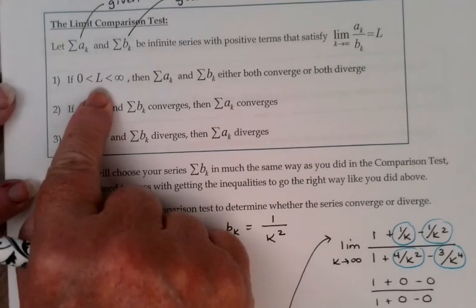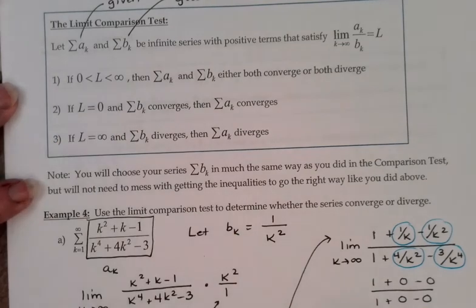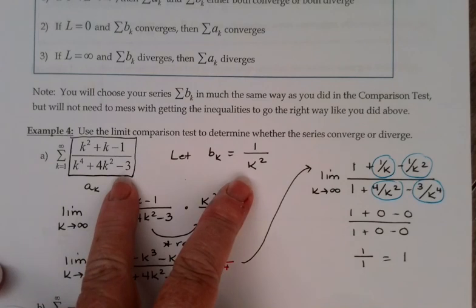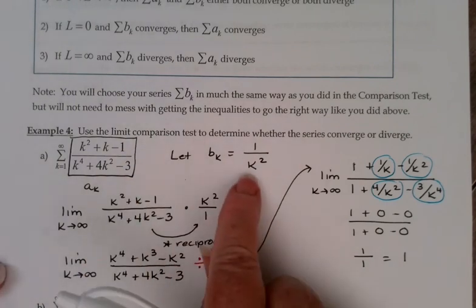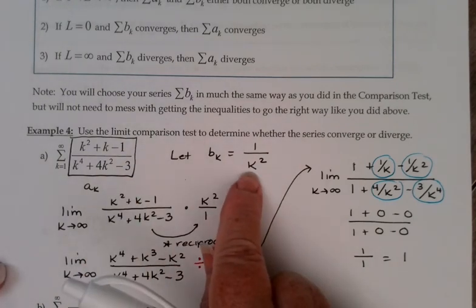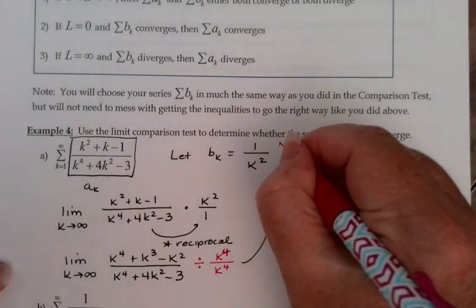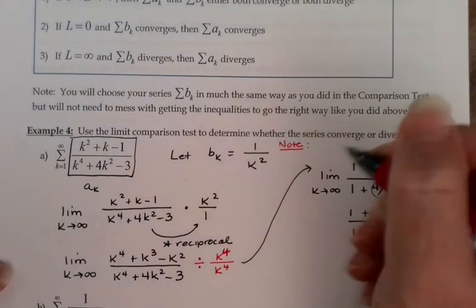Since 1 is definitely between 0 and infinity, these two series are going to behave the same way. They're either both going to converge or both diverge. But notice the B is nice and simple, right? This would be a convergent P series.